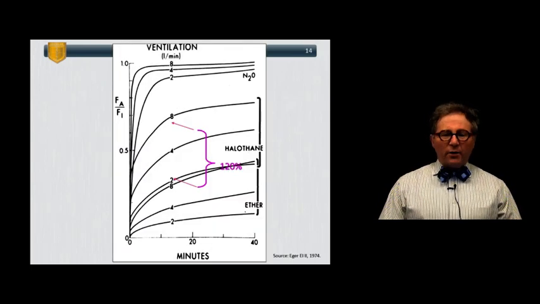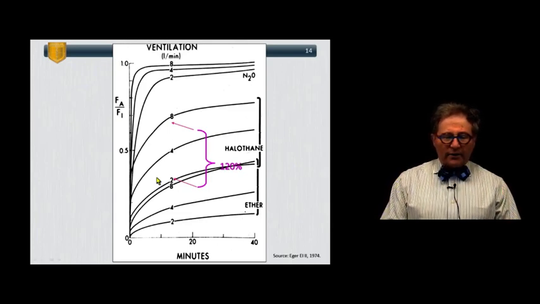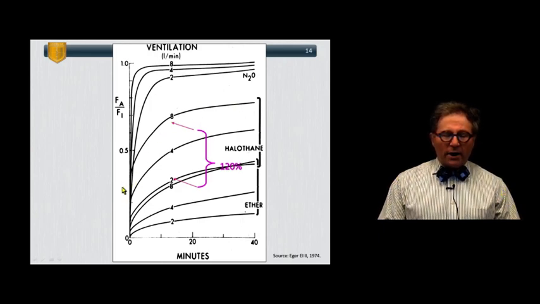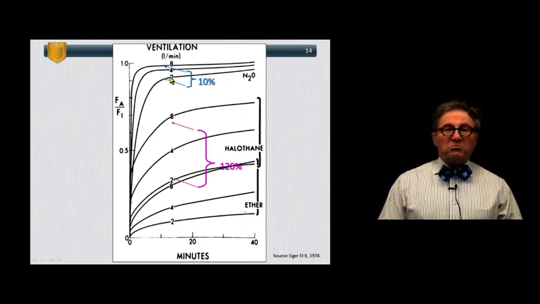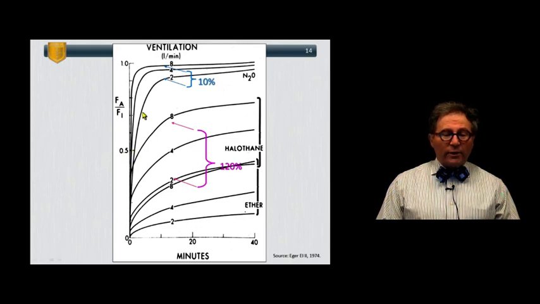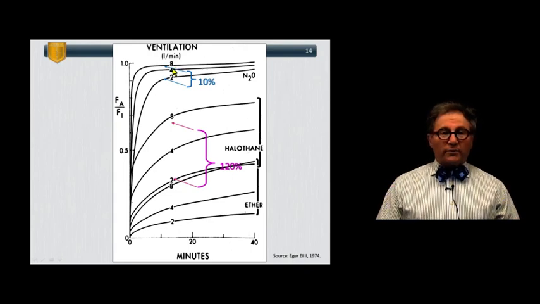And we can see how this is featured with ventilation. We can see here as the ventilation increases with a soluble anesthetic, we have a much higher FA over FI than at lower partial pressures. Whereas with an insoluble anesthetic, ventilation almost doesn't make a difference because the FA over FI is already up at 90%. It can't increase that much more by ventilating the lungs more aggressively.